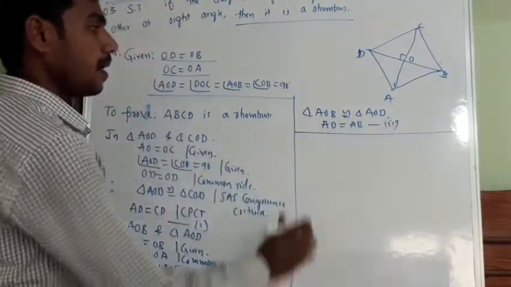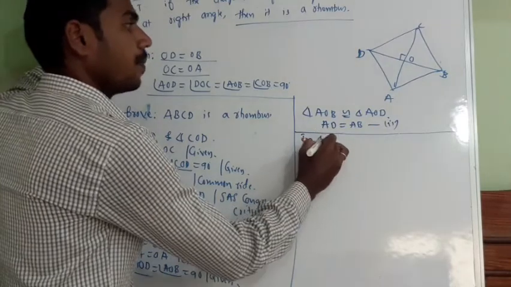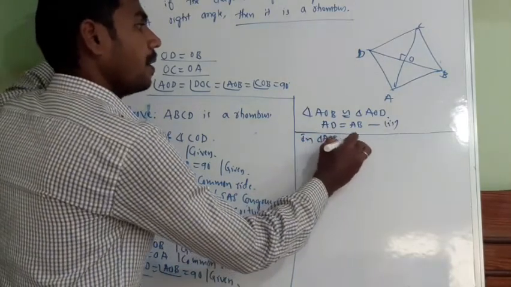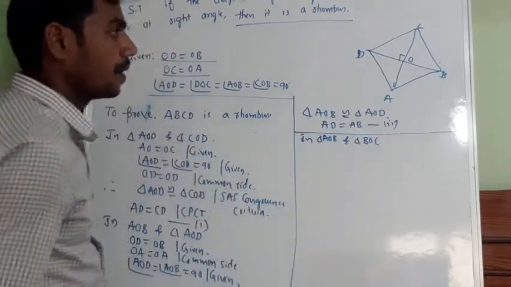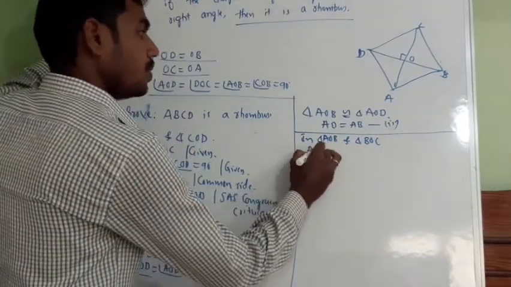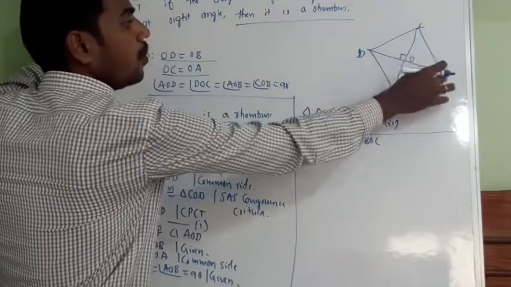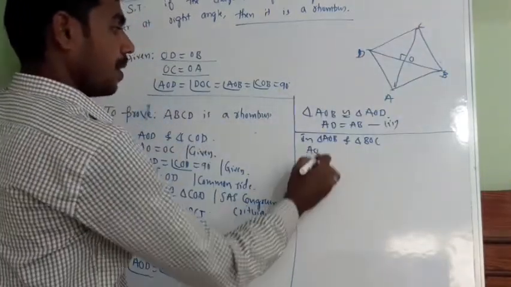Now I'll consider triangle AOB and triangle BOC. These two triangles are AOB and BOC. So now what can I write?